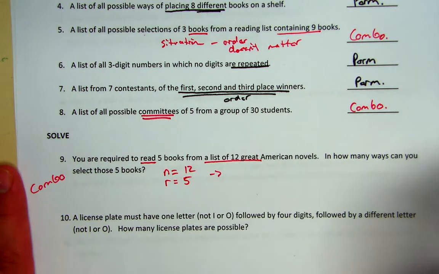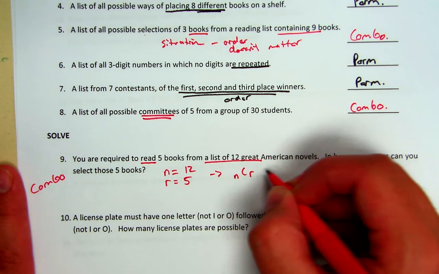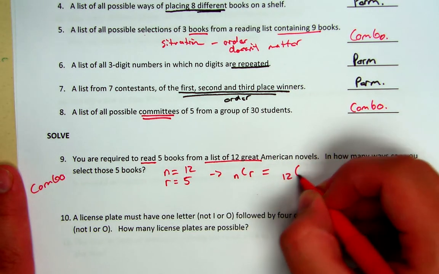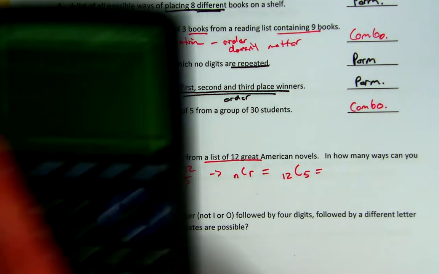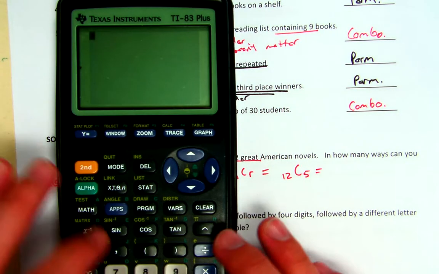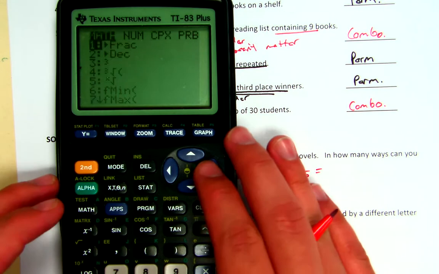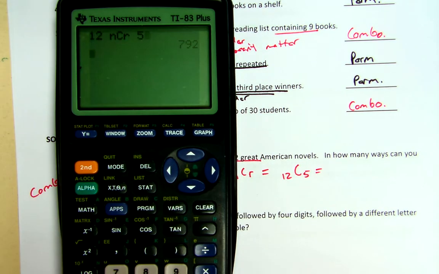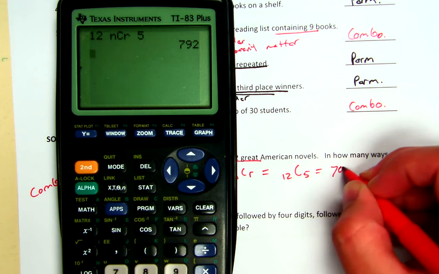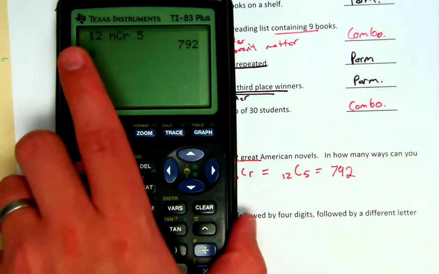So put that into your nCr, which is going to be 12 choose 5. Pop it in your calculator. You put 12 in first, math, go to probability, and we want a combination, so make sure you choose the combination. We get 792 different ways to read them.